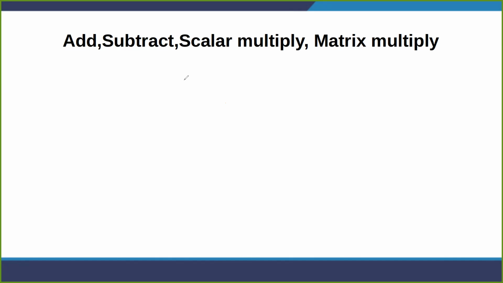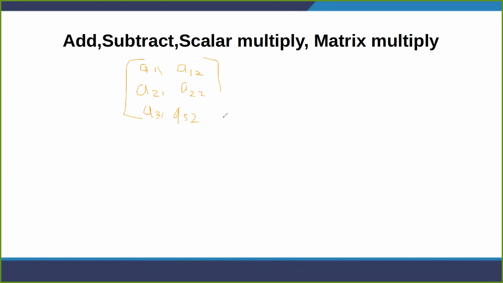Then there is matrix multiplication. Matrix multiplication is tricky, but it's very convenient actually. You don't have to do a lot for that. I'll just write two matrices. This is A11, A12, A21, A22, and A31, A32.